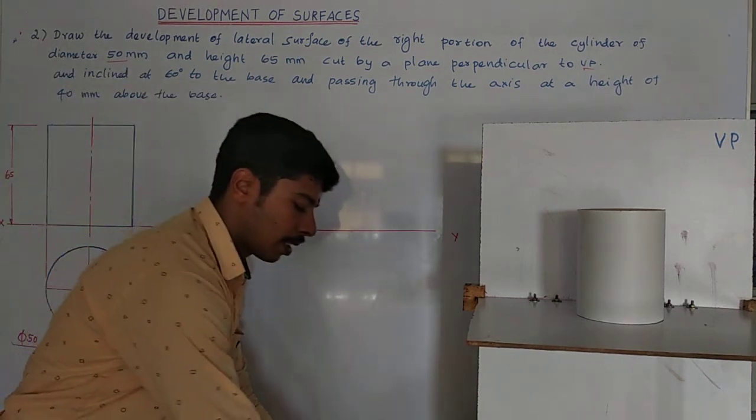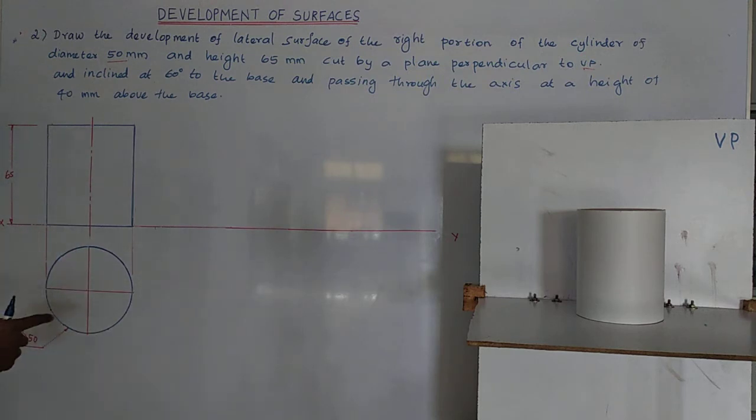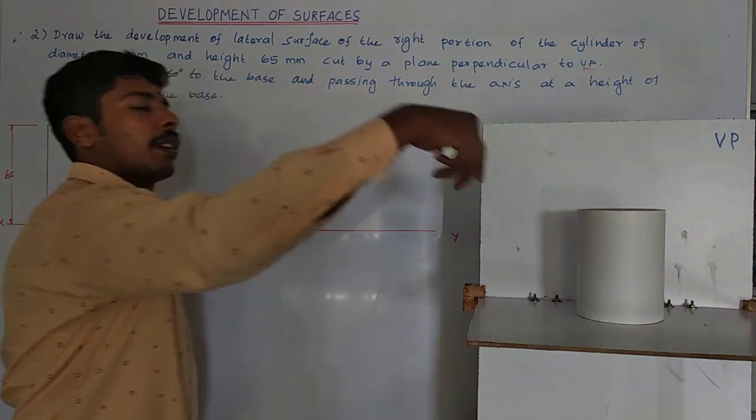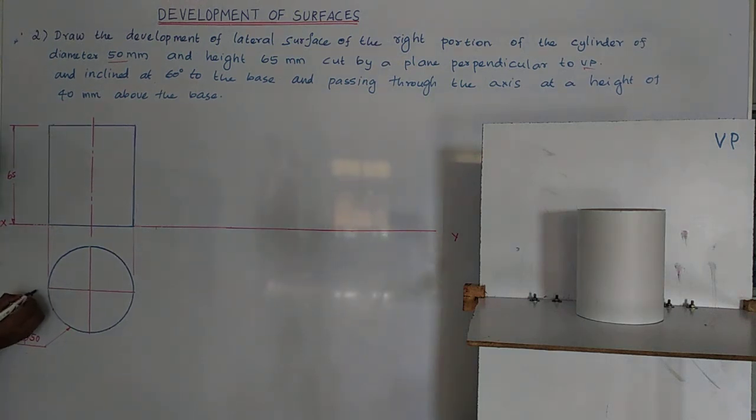Then mark the edge numbering. At the top we have 12, so the top circle I divided into 12. Similarly, the bottom circle also has 12 points. So mark the names over here.